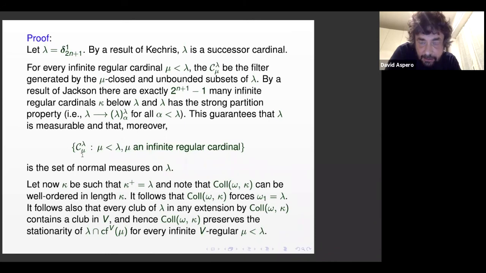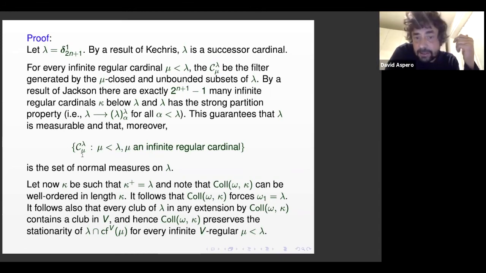And now you simply look at the collapse of kappa to omega, which is the finite tuples of ordinals. This can be well ordered in length kappa. So it follows that this collapse will force that omega 1 is lambda. And also every club of lambda in the extension by this collapse will contain a club in V. But again, use the fact that the forcing can be well ordered.